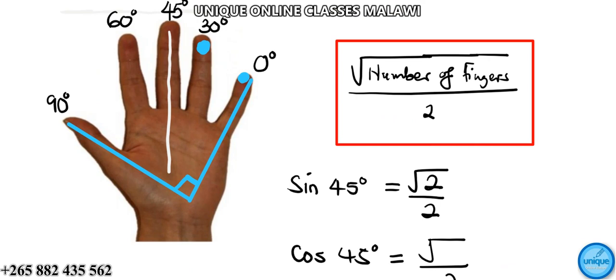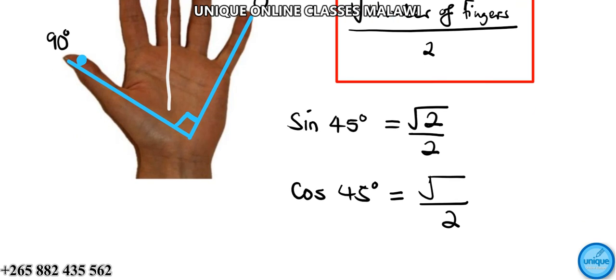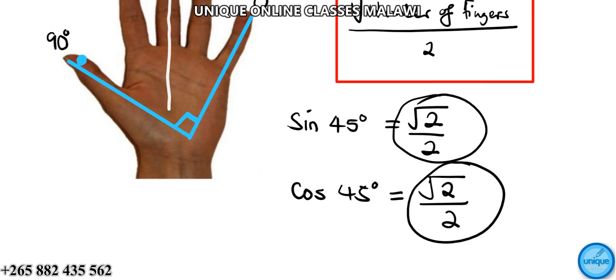We go to the left because for cosine we go to the left. So to the left we are counting here finger number 1 and finger number 2. You see? So inside our root I'm putting 2 fingers there. So cos of 45 is root 2 over 2. You see? So without using a calculator, these are the values of cos 45 and sin 45.